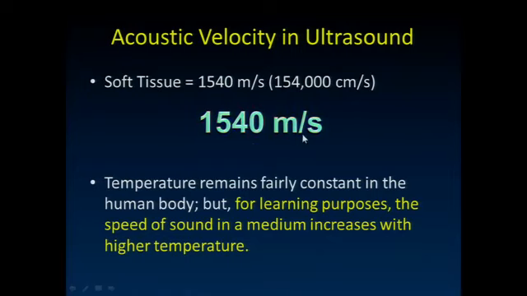I've never imaged a meter deep in a patient, so I often remember this more as what we get by dividing both of these by 1,000. If we divide meter by 1,000, we get a millimeter, and then per millisecond, right? So you can also remember this as 1.54 millimeters per millisecond, which oftentimes comes in a little more useful for the depths that we're going to image in a person.